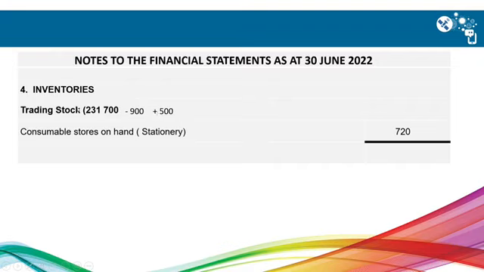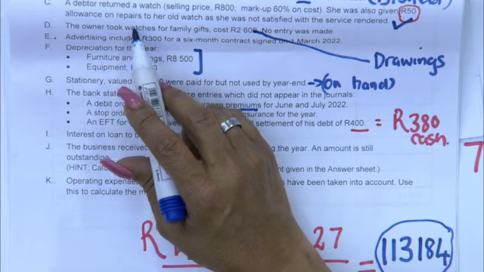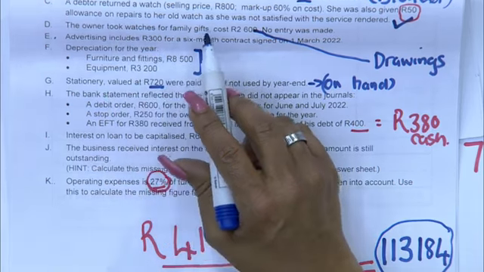So let's recap. 231,700, what is that? That is the stock that's currently in the trial balance. What is the 900? Stock that was returned in adjustment number B. What is the 500? The 500 is the goods that were returned by a dissatisfied debtor. Now, if you can recall, by D, ma'am indicated to you that the owner took watches for his family for gifts.